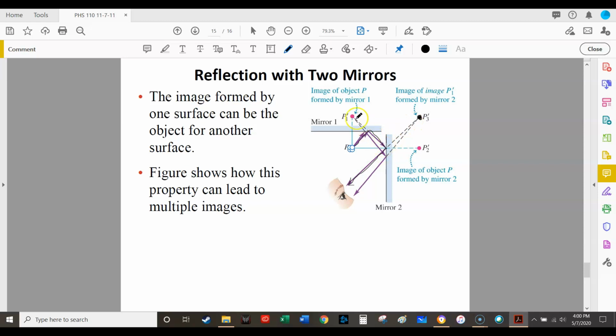But not only that, it's actually going to see an image formed at P1 due to this other image. Okay, right? So P1 and P3 will form from these two bounces that occur.